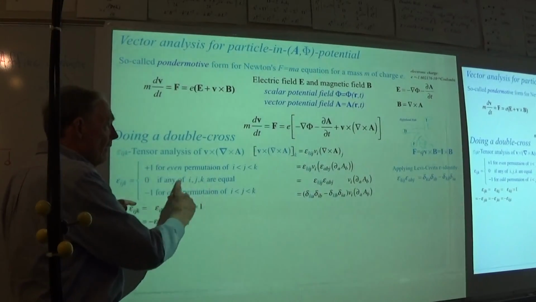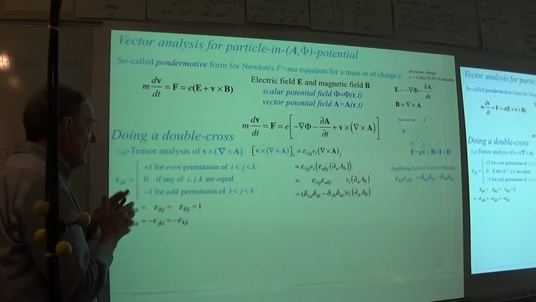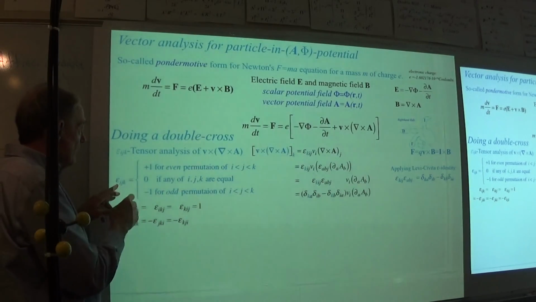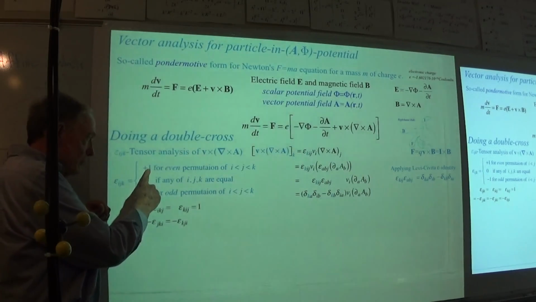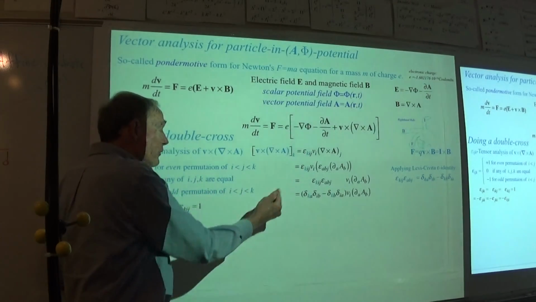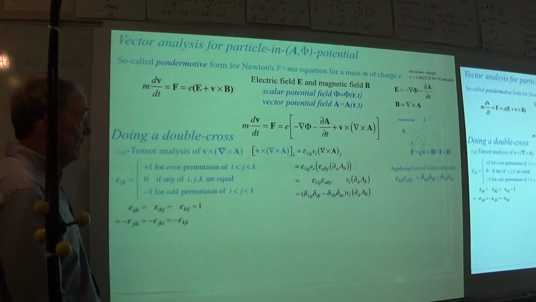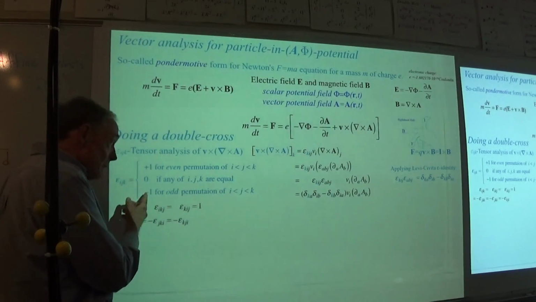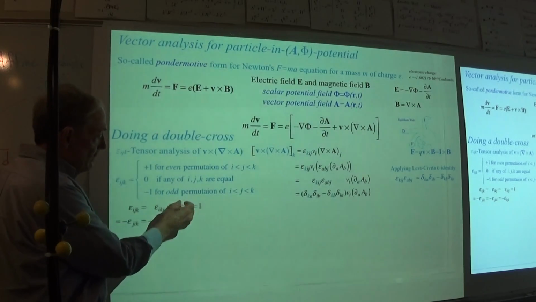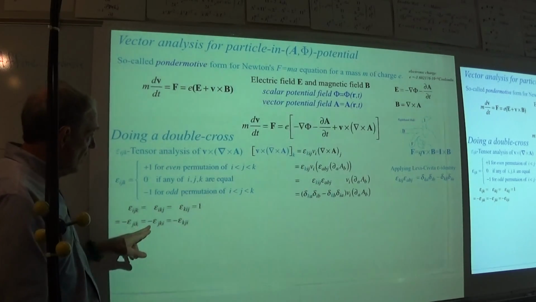If any pair are equal, it just takes one pair, you're dead. So this tensor is pretty non-existent. It's only equal to +1 if you have an even permutation of 1, 2, and 3, basically, or x, y, and z. If you've got an odd permutation, it changes sign. So anytime you flip any two indices on this thing, you change its sign.